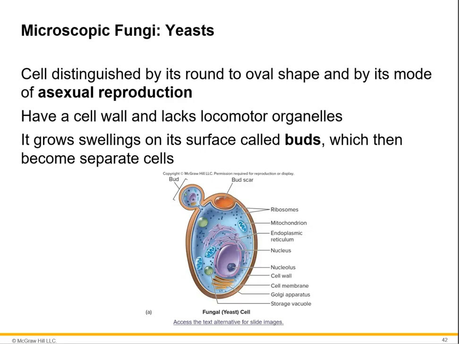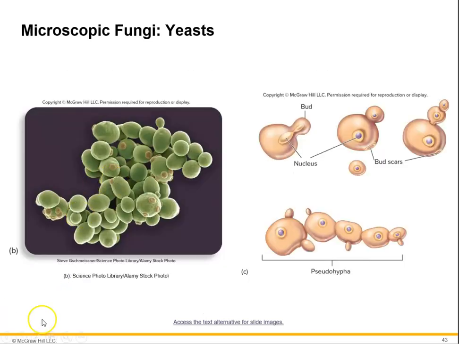Yeast, on the other hand, are going to be distinguished by their round to oval shape, and they reproduce asexually. They have a cell wall. They don't have any locomotor organelles, and they grow swellings on the surface called buds, which are then going to become separate cells. Now, here you can see we have a yeast cell, and you can see the nucleus is splitting.